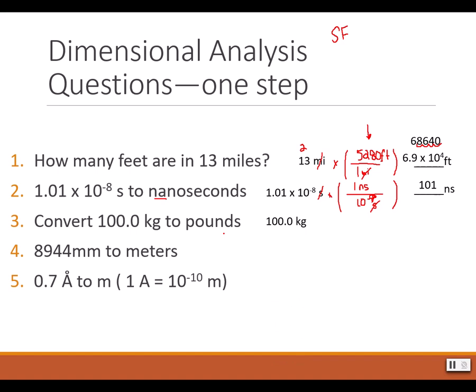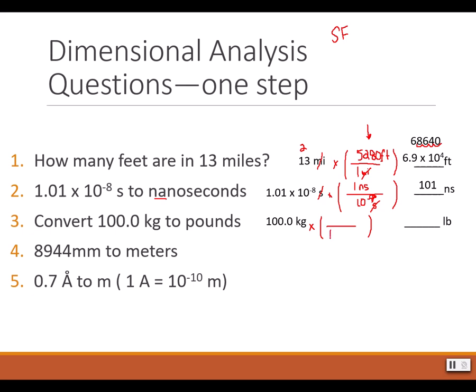Let's go on from kilograms to pounds. I need to go from kilograms to pounds. If you needed this conversion factor for a quiz or exam, I would give it to you because I don't know it off the top of my head either. But I bet if you're going into the medical field, I know nurses often go from kilograms to pounds.